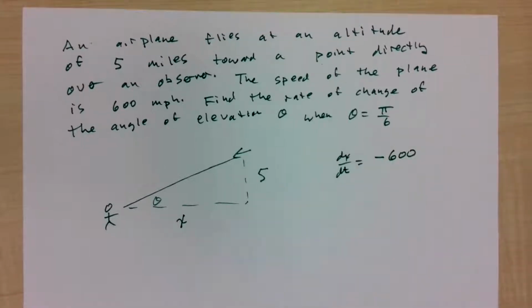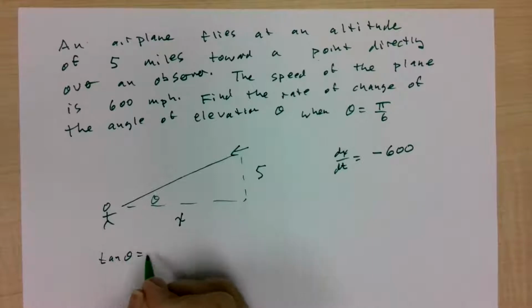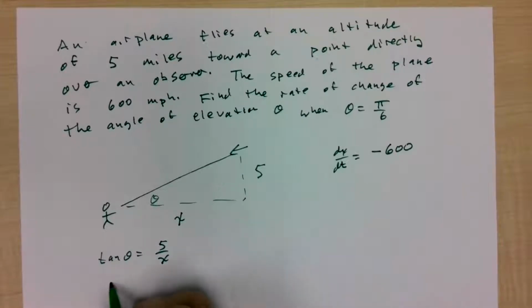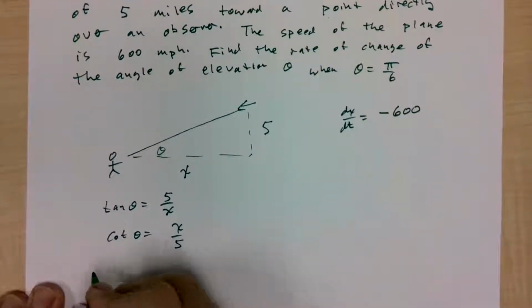Now, how do we relate these? Well, you'll notice I have 5 and I have x. I have opposite and I have adjacent. So relating x and theta, I will do that with either tangent or cotangent. Tangent of theta is 5 over x, or even better, cotangent theta is x over 5. Then let's take the derivative with respect to t of both sides.